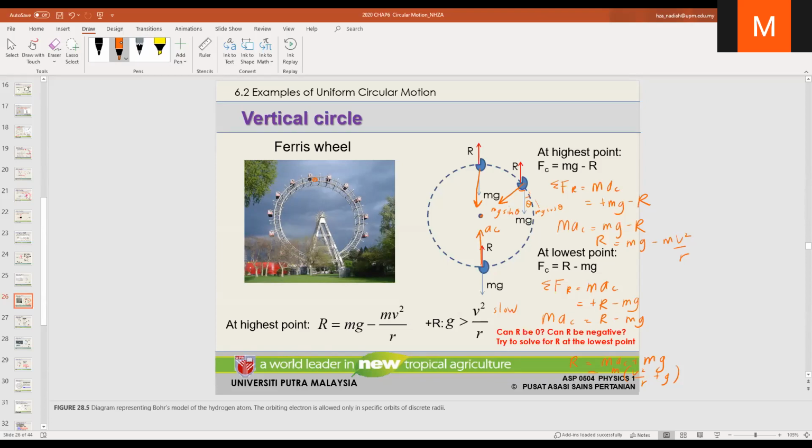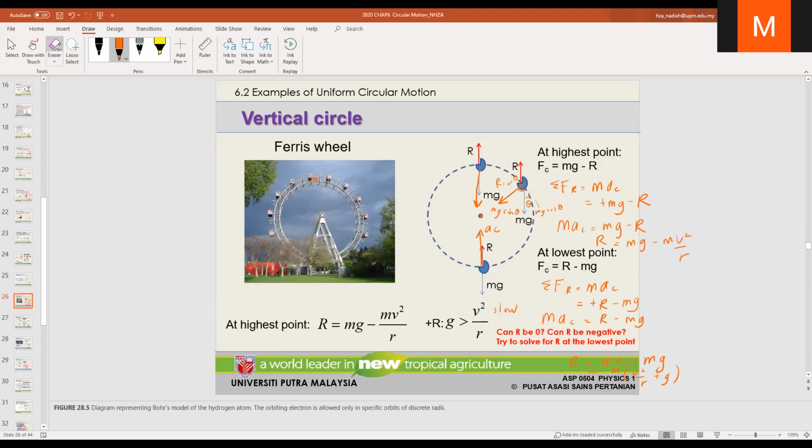And if you get to resolve your R in this direction, contohnya lah. Saya tak tahu nak resolve macam mana. Saya tak nampak macam mana angle dia. Let's say lah ada komponen R cosine theta. So komponen R yang boleh resolve in this direction, it will be in the equation.